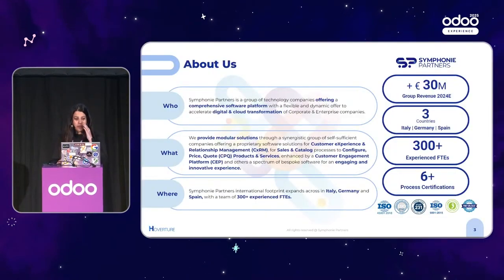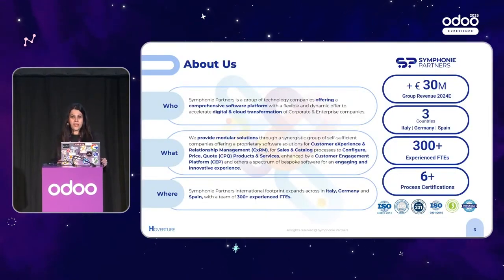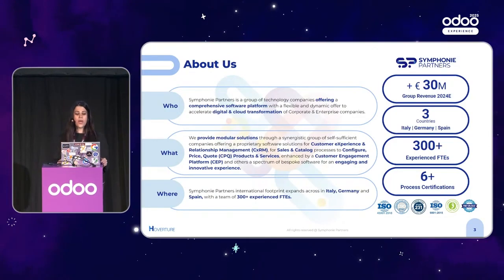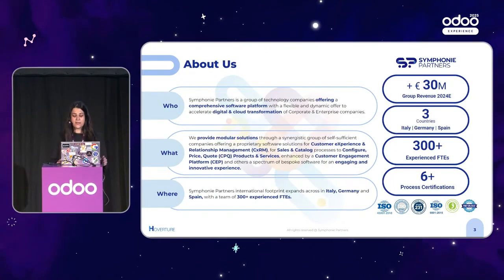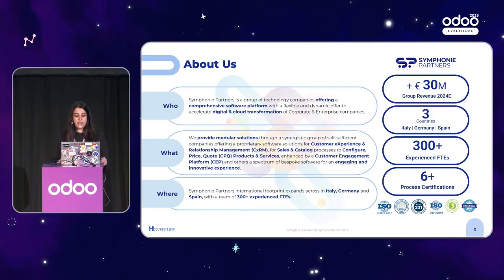So, just briefly, we are Symphony Partners. We are a group of technology companies that offers a comprehensive software platform, and we bring corporate and enterprise companies into digital and cloud transformation. We provide different solutions that are modular.